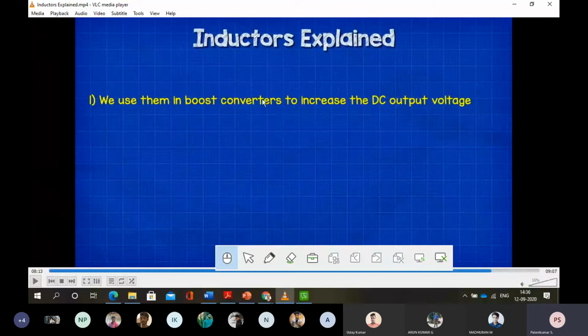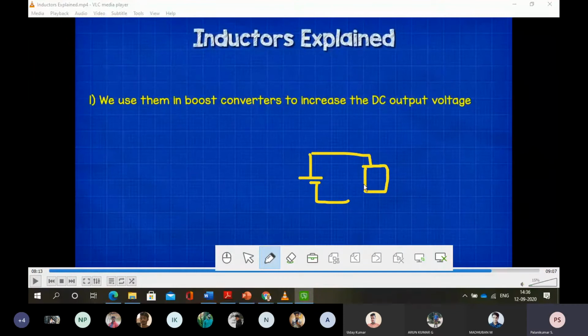Say for example, I have an arrangement like this with one load. I keep on connecting this, and in addition I also connect an inductor. In this case, what will happen?